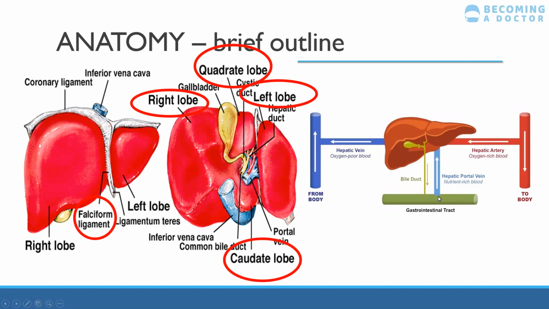This could include raw nutrients, and it would also have bacteria, toxins and waste so that the liver can excrete them. Finally, you have your hepatic vein, which leaves the liver and connects to your inferior vena cava, which goes back to your heart. That's really brief, but Grey's Anatomy goes into a lot more detail, which I think is better to go through later so we can concentrate more on the physiology after.